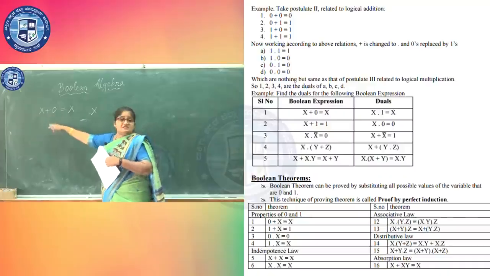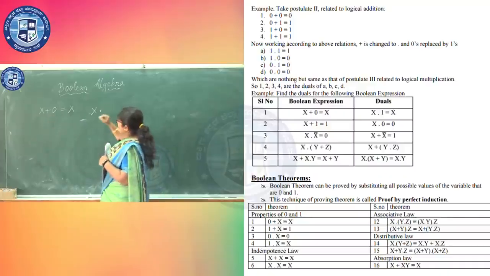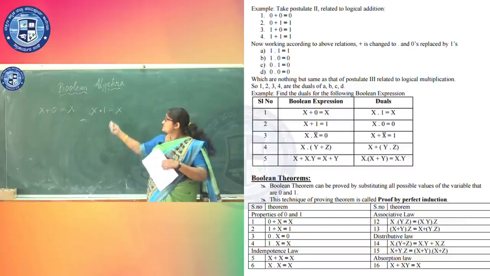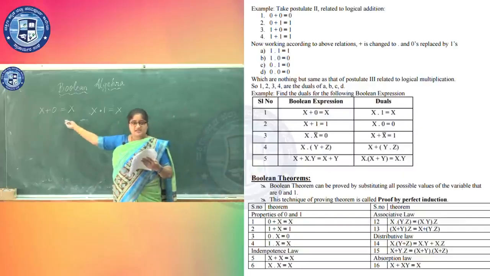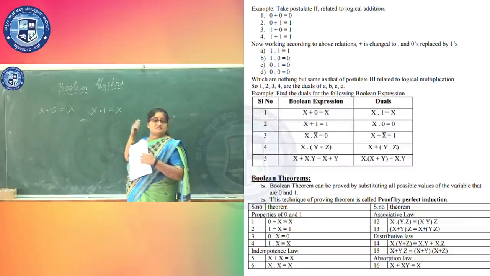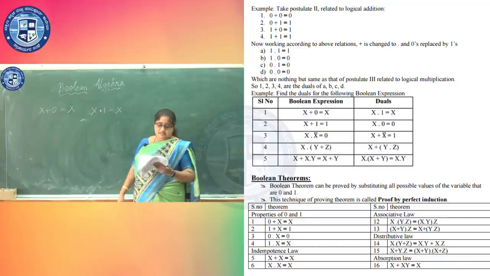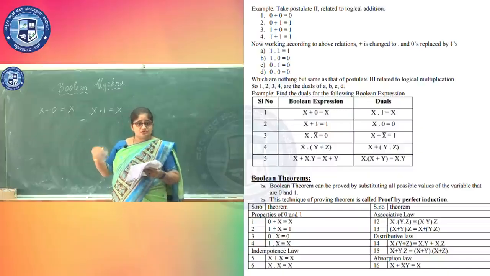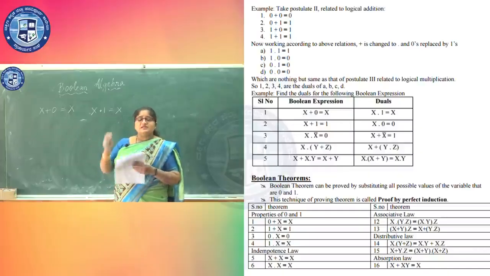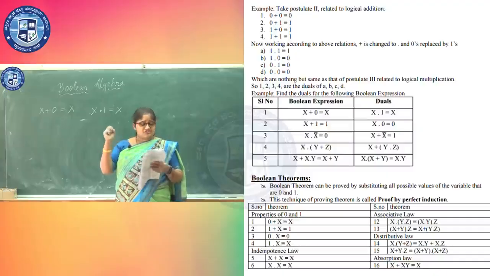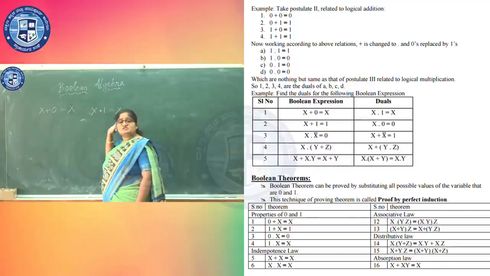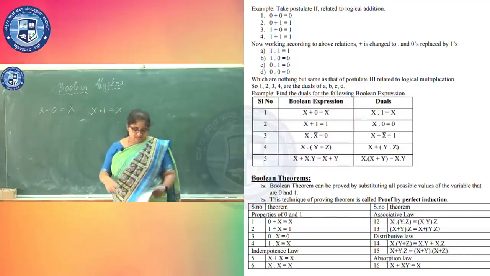The plus is changed to dot, 0 is changed to 1, equal to x. So this is the dual of this expression: x into 1 is equal to x. The same way we have x plus 1, and there are many other examples you can go through, wherein only the or sign is changed to and, the and sign is changed to or, and 0 is replaced by 1 and 1 is replaced by 0.